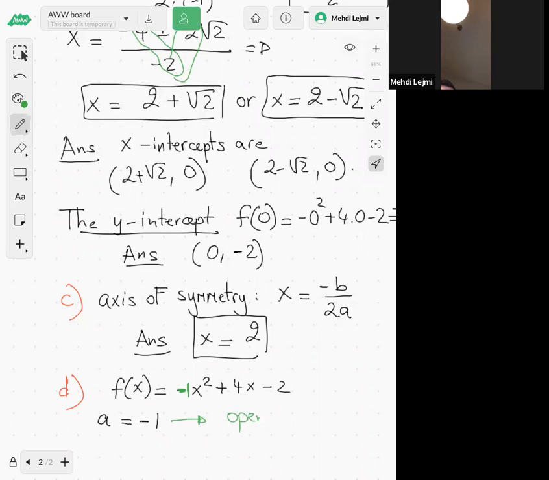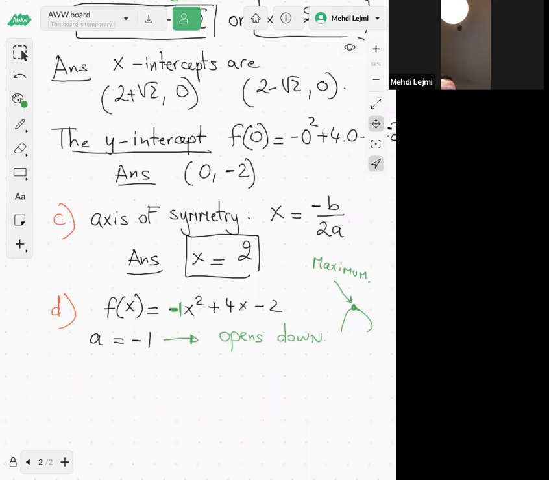If a is negative, we know it opens down. So the parabola opens down, right? And if the parabola opens down, it means that the vertex is going to be a maximum, a global maximum, actually. So the answer here is that there is a global maximum.